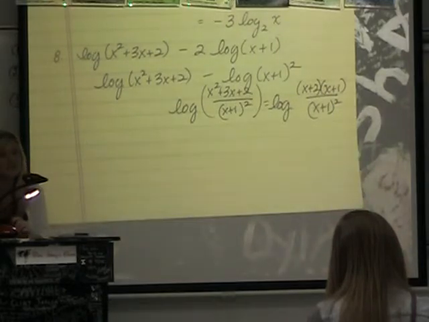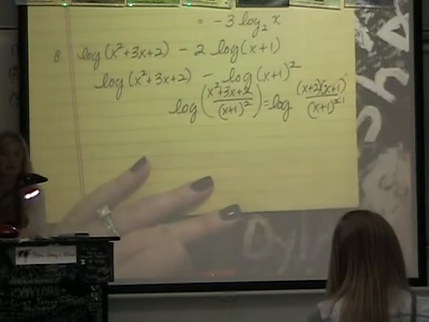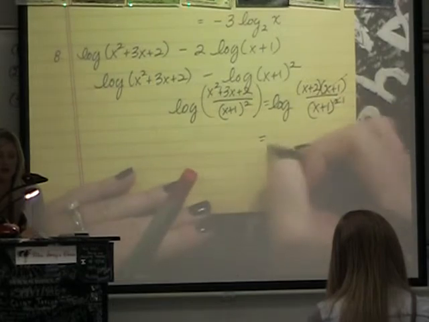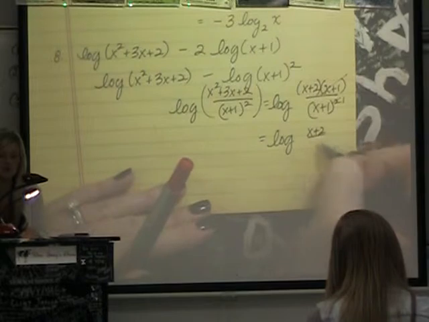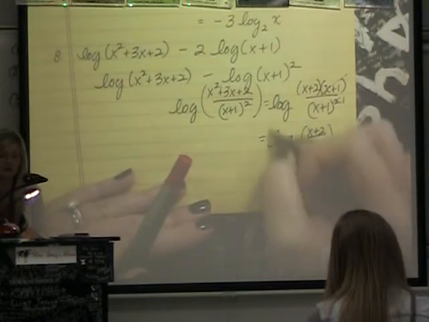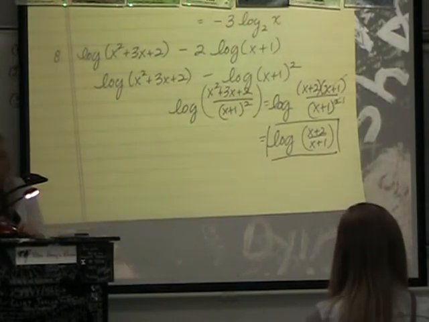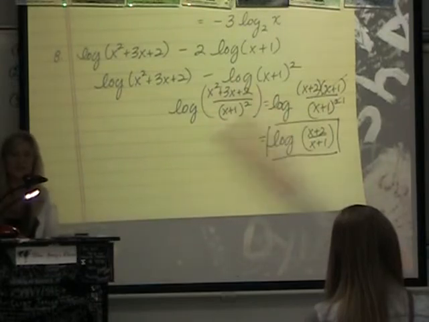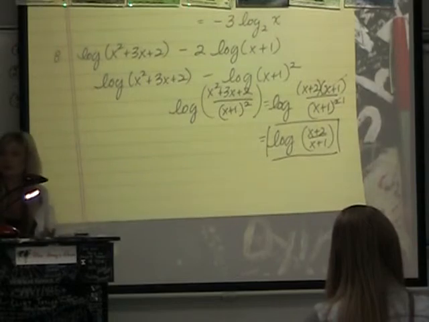And hopefully you can see why I would do that, because I can actually cancel out my x plus 1s. And for my final answer, I would write it as log of x plus 2 over x plus 1. Now I'm finished. So if your expression inside the parentheses can be simplified, we want you to do that, whether it be by factoring, multiplying, or whatever operation that you see fit.